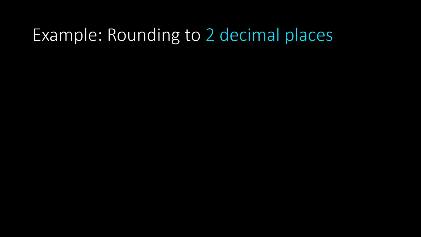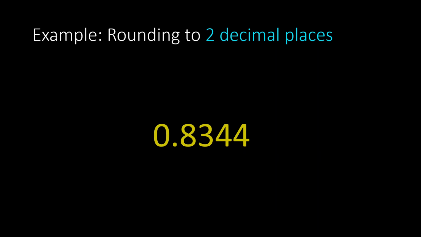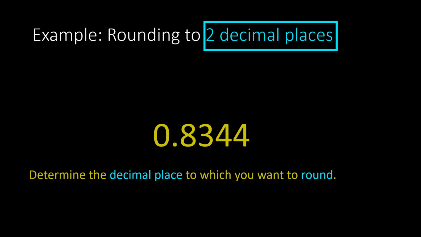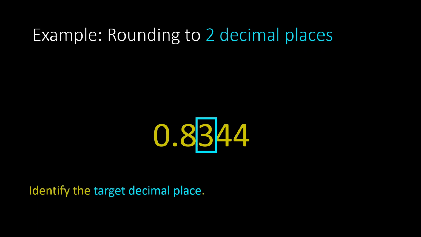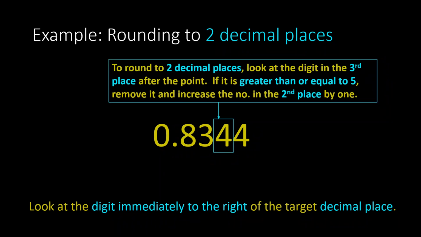Let's take a look at this example. We are required to round this number on your screen to 2 decimal places. The number is of course given to 4 decimal places. We first determine the decimal place to which we want to round, and that is of course 2 decimal places. We then identify the target decimal place, which is as highlighted, and then we look at the digit immediately to the right of the target decimal place.